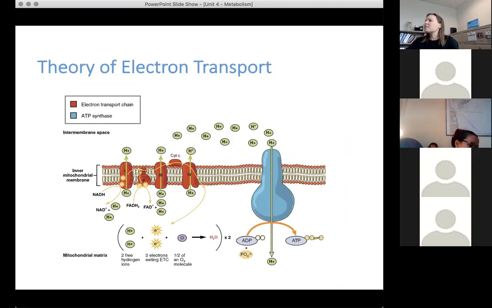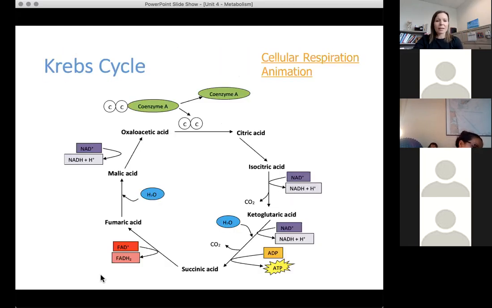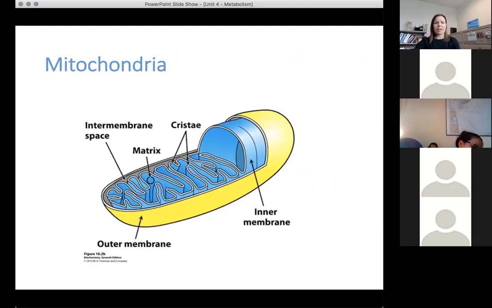So, basics about the electron transport chain: the step does require oxygen. It occurs on, let me go back and show you the mitochondria again. Do you see how there's an outer membrane that's shown in yellow, and there's an inner membrane that's shown in blue, and it has all these folds?